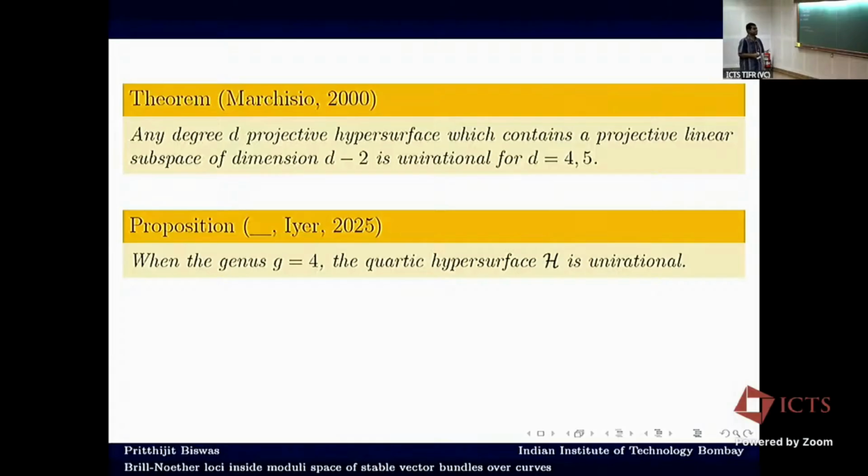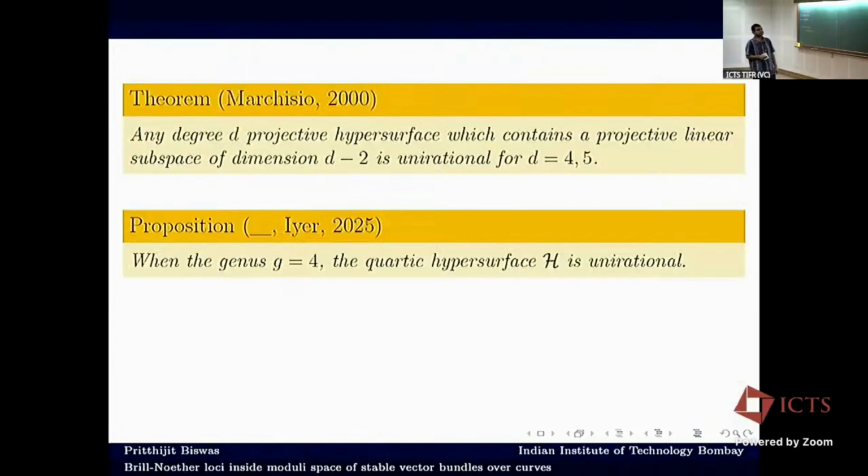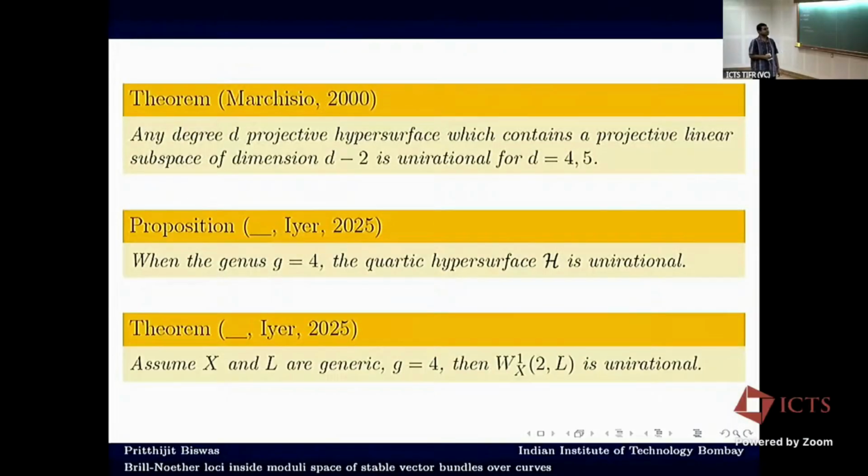So H will always be of degree g from the definition. It's a degree g hypersurface. So when genus is 4, using this and these computations, one can show that this is unirational. And therefore, since this is a dominant rational map, you get this variety to be unirational. Unirational means you have a dominant map from a rational variety to your variety.